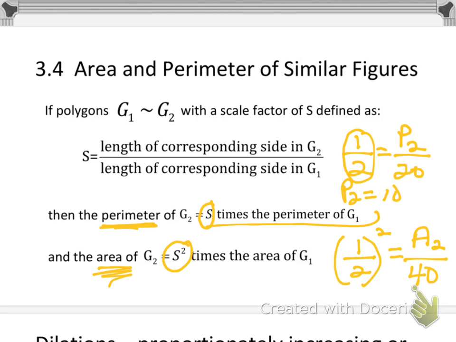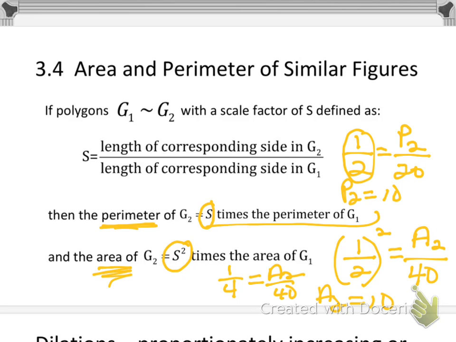So 1 over 4, once you square it, equals A2 over 40. So A2 has to have an area of 10, because its scale factor is the squared scale factor of the original proportions.